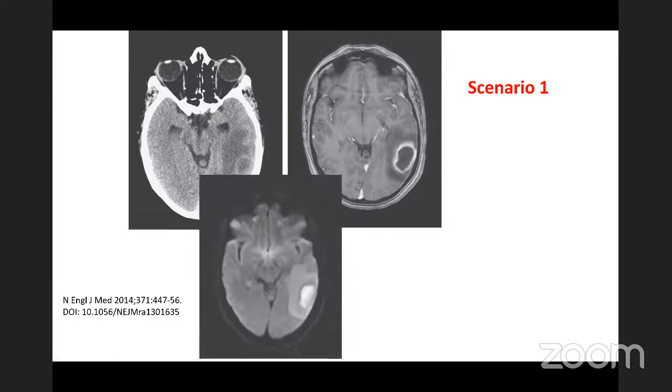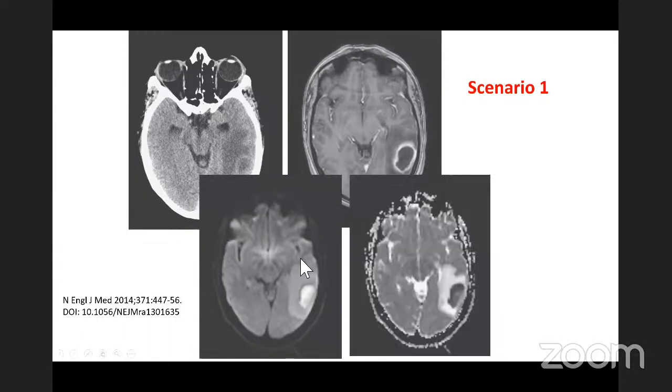Now, in order to further categorize, we can go for diffusion sequences. We have the diffusion axial sequence of the same lesion, and we have a negative image, which is called the ADC mapping, which again you will be taught in the subsequent sections.